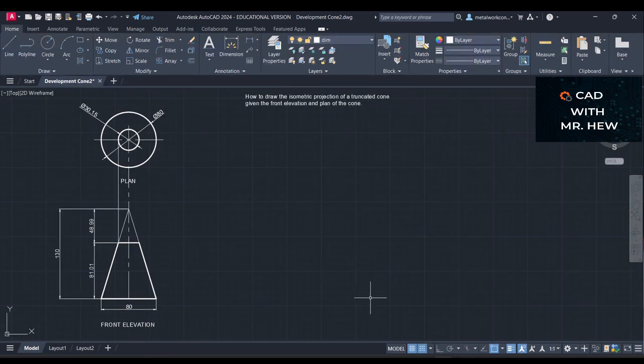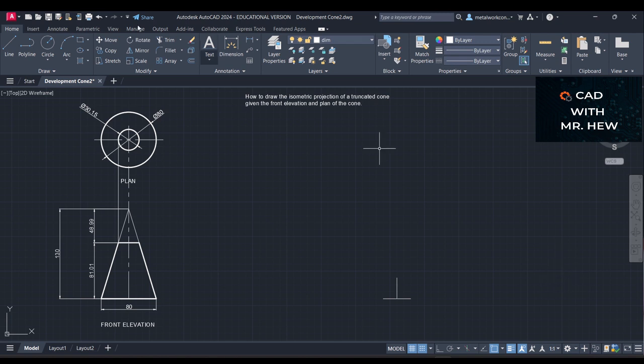The first thing we're going to do is draw a construction line to start off, a short horizontal line and a short vertical line. This is our starting position if you were drawing with the traditional T-square.